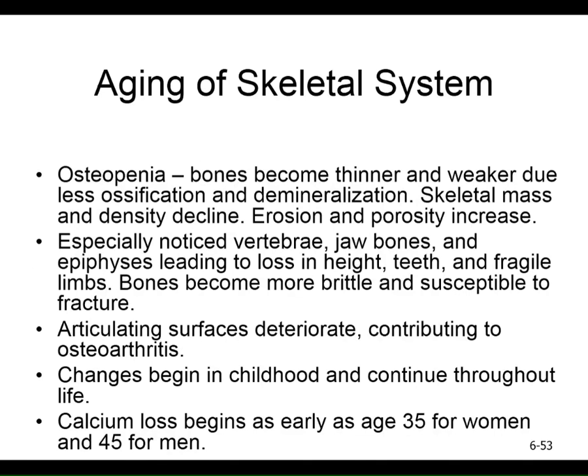So you can easily lose an inch of height from just a little bit of that cartilage degrading between each of the vertebrae. The jaw bones also start having some changes, and that leads to looser teeth, right? So the teeth become looser, the gomphosis is interrupted. And our bones also become more fragile and more brittle, so that when we fall, we're more prone to break the bone.